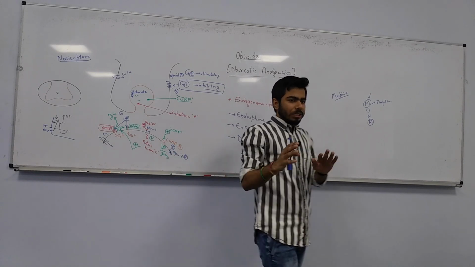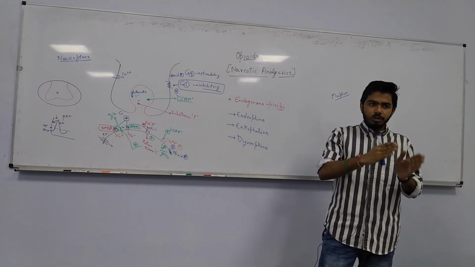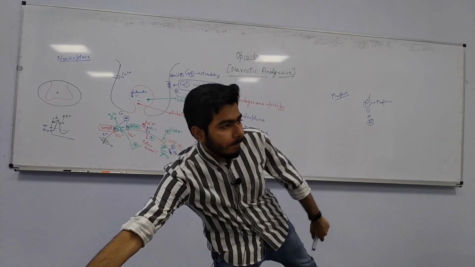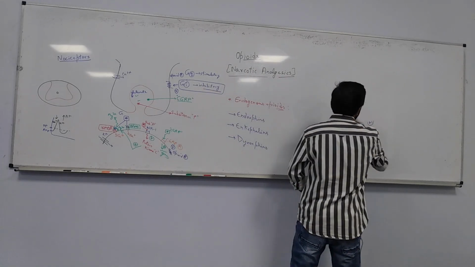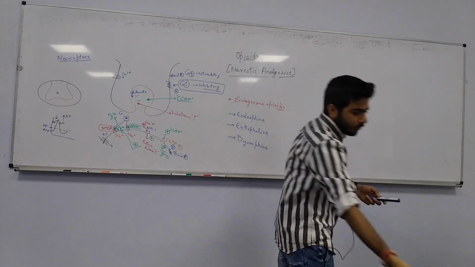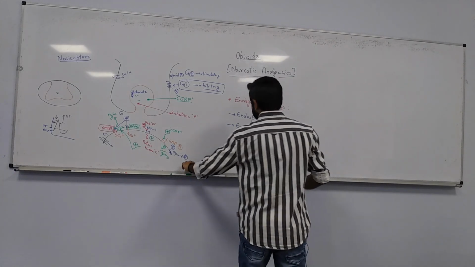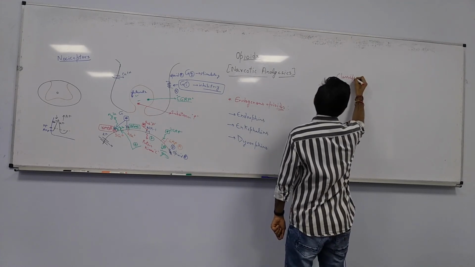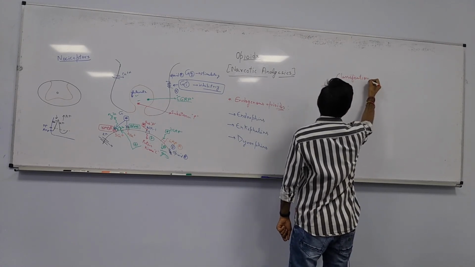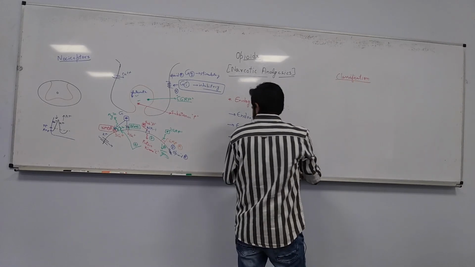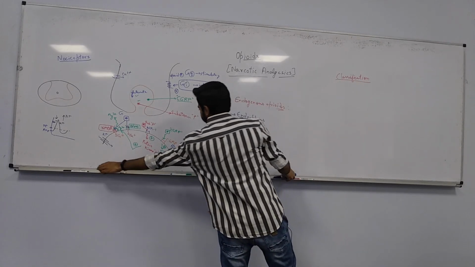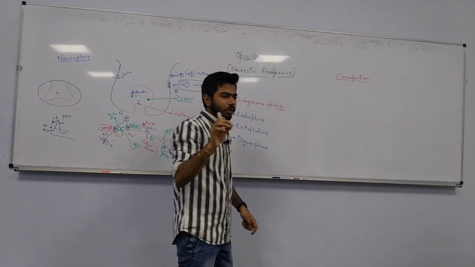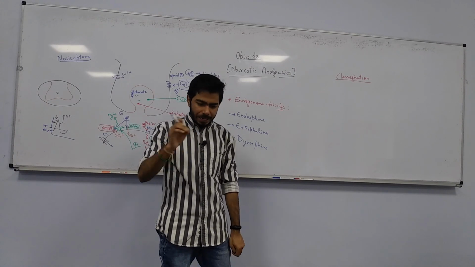Now let's talk about the classification of these opioids, exogenous opioids, in the form of drugs. By the way, before the classification, let me tell you about the receptors of the opioids.